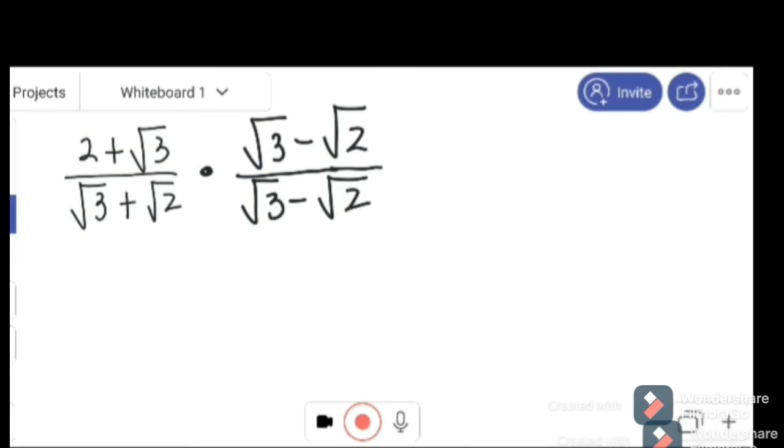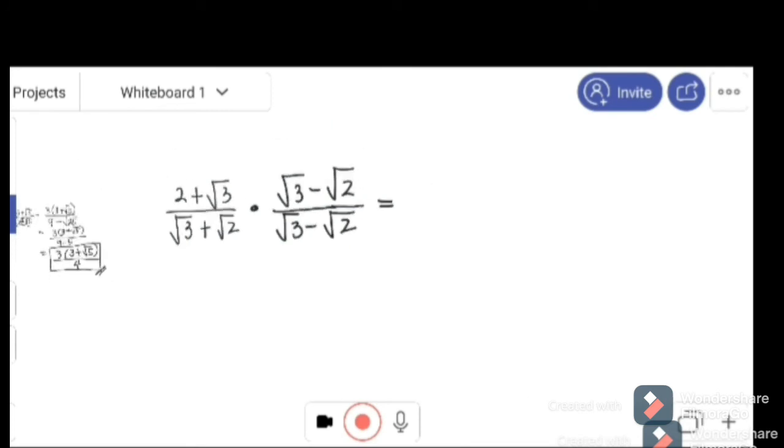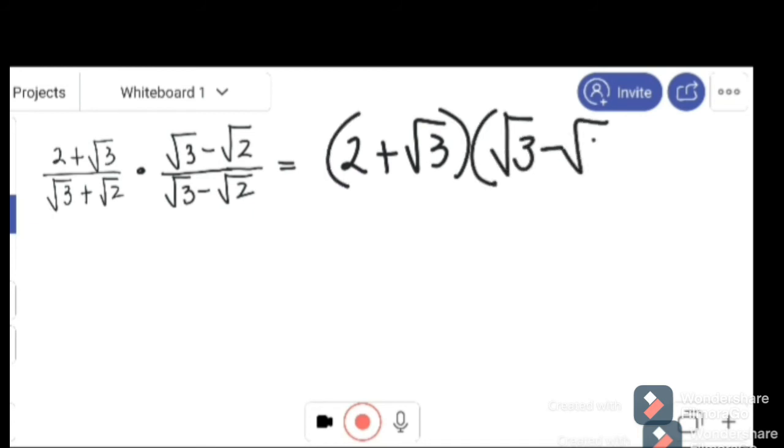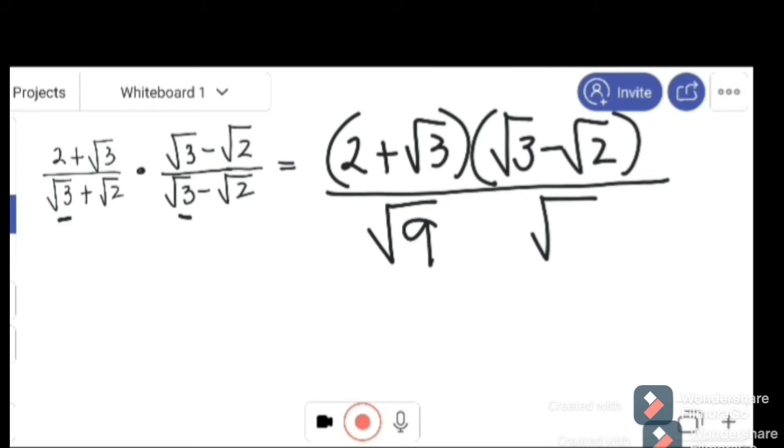We have in the numerator 2 plus the square root of 3 times the square root of 3 minus the square root of 2. And in the denominator, applying the sum and difference of two binomials, we have 3 times 3, the square root of 9, and 2 times 2 is the square root of 4, with a minus sign between them.